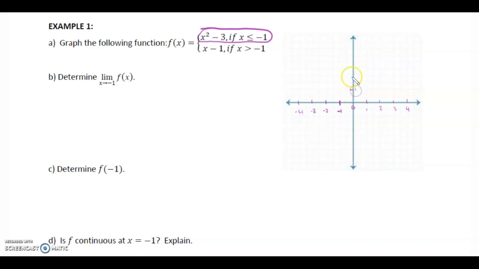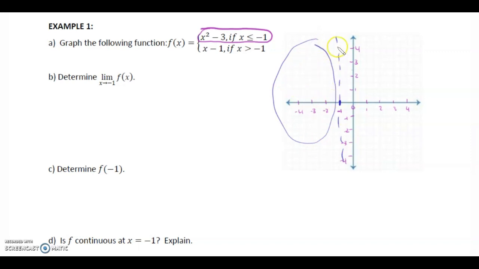And then this is going to be 1, 2, 3, 4. And it's going to be -1, -2, -3, -4. Okay, so we are going to consider this function when x is less than or equal to -1. So this is our point here. And we're going to consider this function on this side.